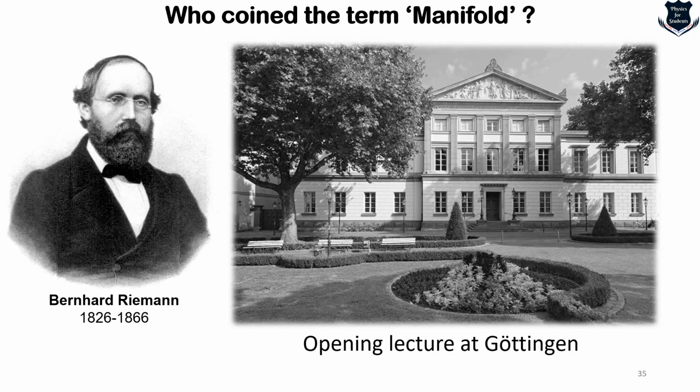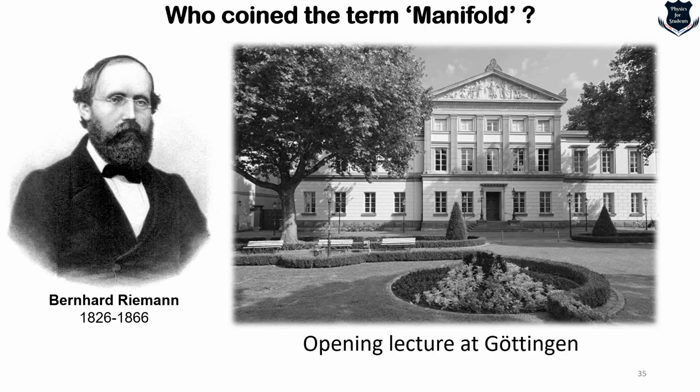His 1854 habilitation lecture at the University of Göttingen, titled On the Hypotheses Which Lie at the Basis of Geometry, is considered one of the most influential works in the entire history of mathematics.